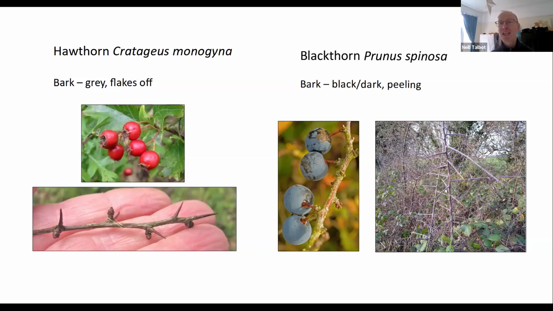And the next thing to look at is the twigs. Hopefully you can see on the blackthorn one on the right that they have very long spines. It might not be possible to see, but they do have buds that go all the way along the spine. So you get multiple buds on each of the long spines.